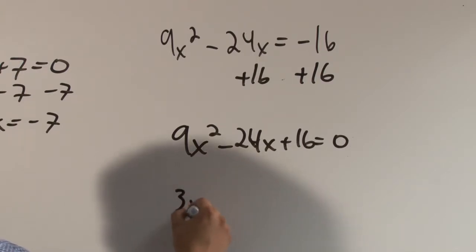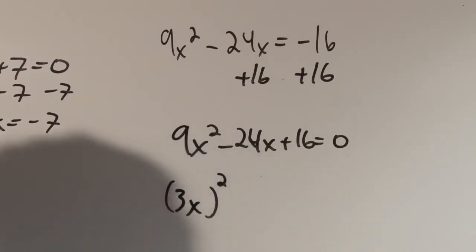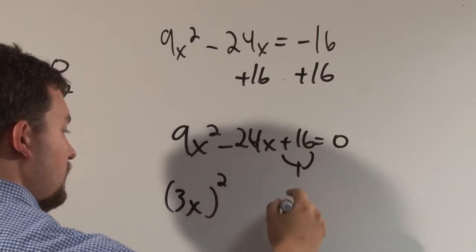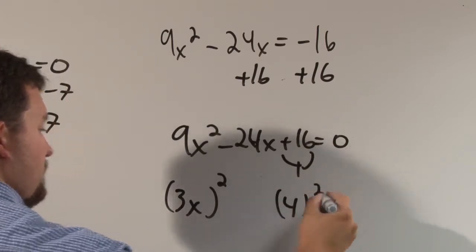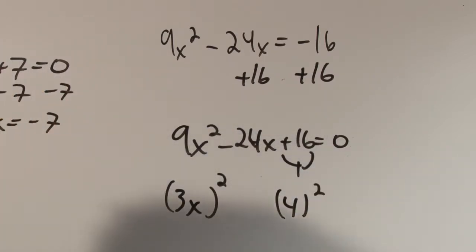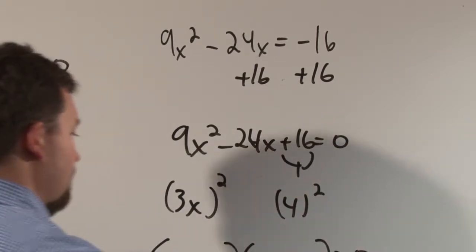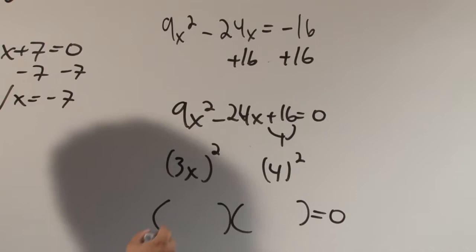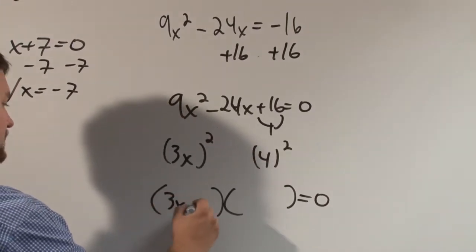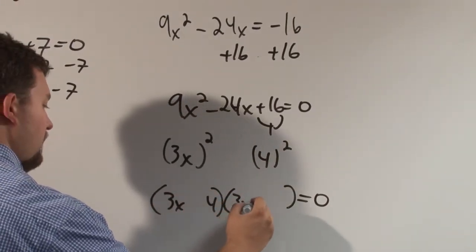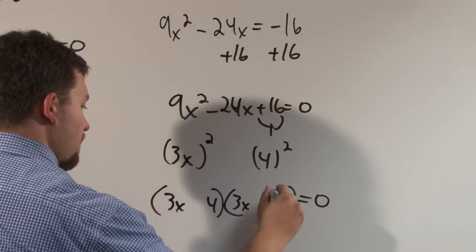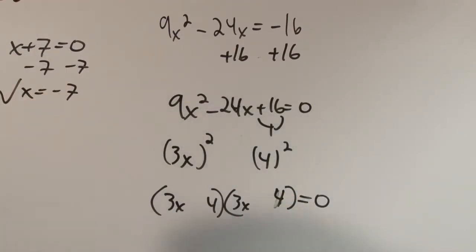This could be represented as 3x squared, and this guy here could be represented as 4 squared, which means that it might work out like this. We set up the parentheses, which you might be familiar with from an earlier section, and we'll simply put the 3x and the 4 at the beginning and end of each parenthesis.